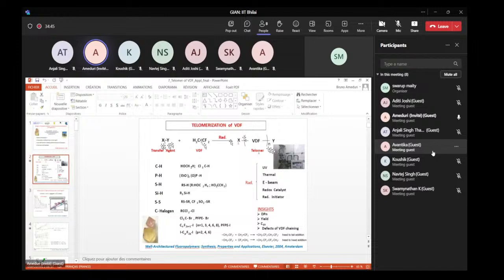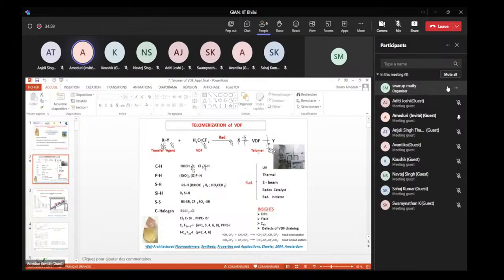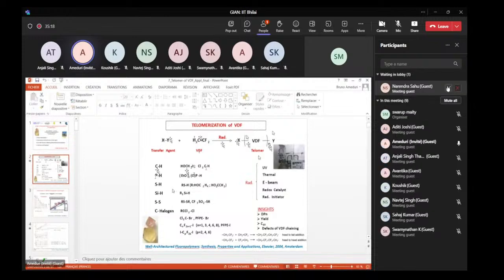Regarding the X-Y bond, you can consider C-H, just like in methanol, where you have a C-H bond on this side, not the O-H, or chloroform, C-H, or sometimes C-Cl. But it depends on the chain transfer agent. P-H also can be used, and I will give you an example with diethyl phosphonate. Sulfur compounds are also used; they stink a lot, but they are very efficient in telomerization, and usually they lead to monoadduct or diadduct.